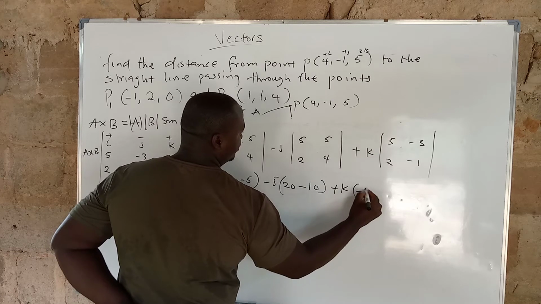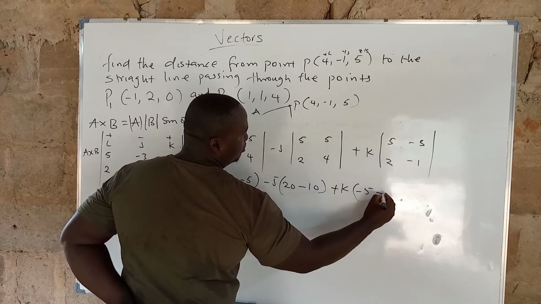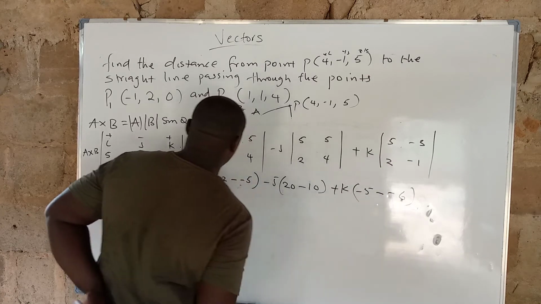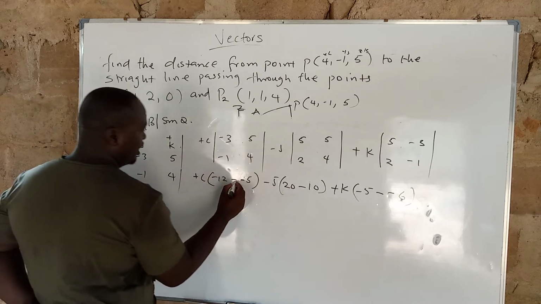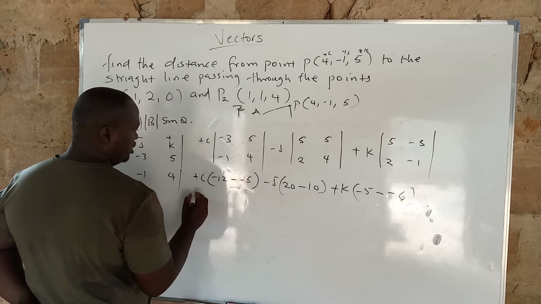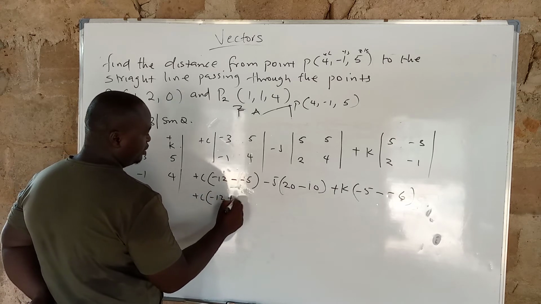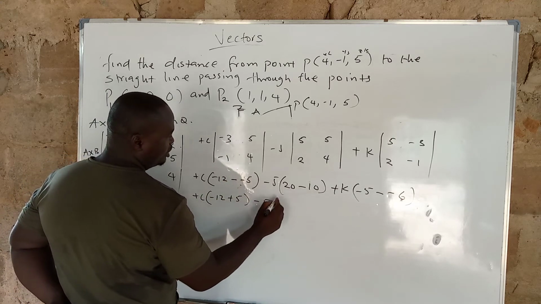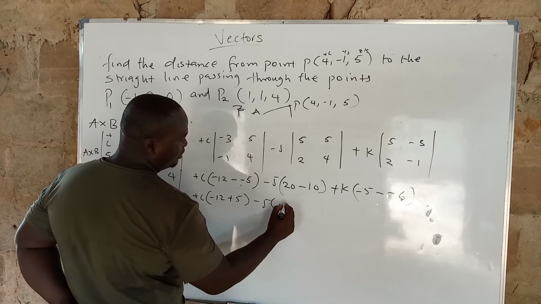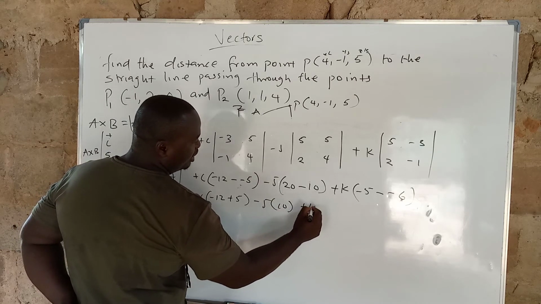This times this will give you minus 5, minus 6. And so this will give you plus, right? Here will turn to plus. So plus i minus plus 5 minus j, this will give you 10, plus k.